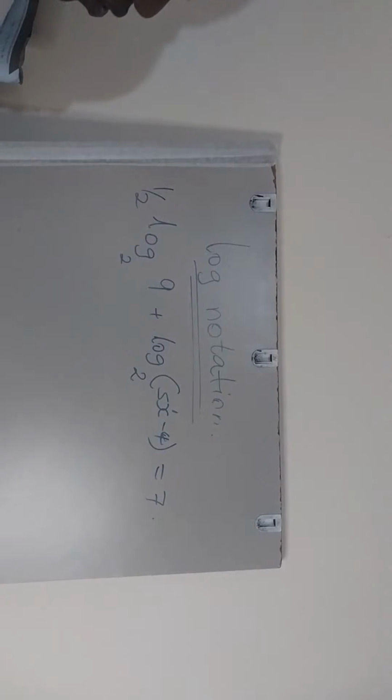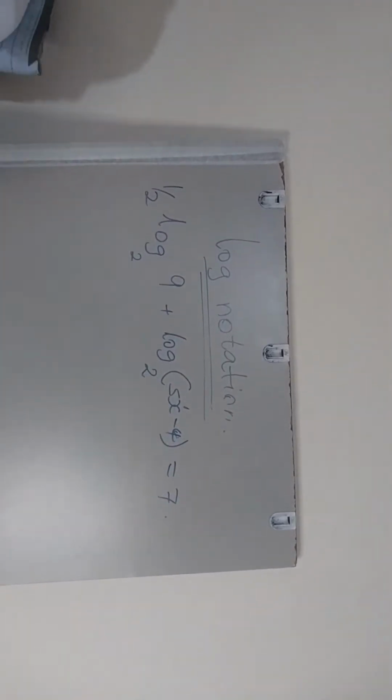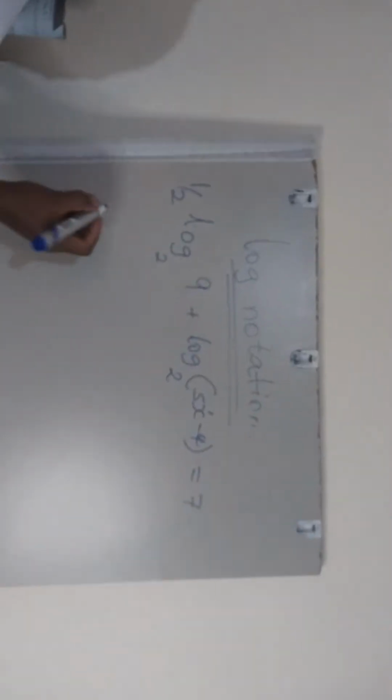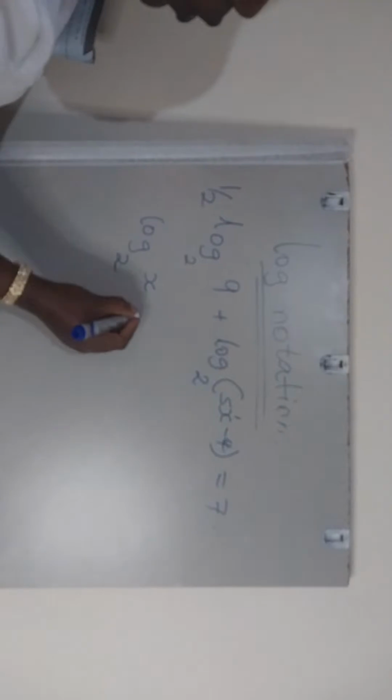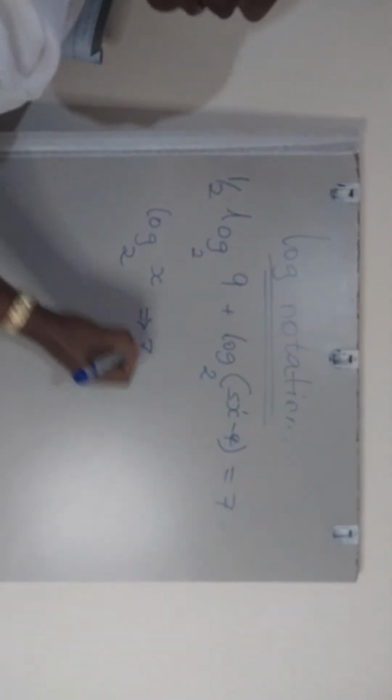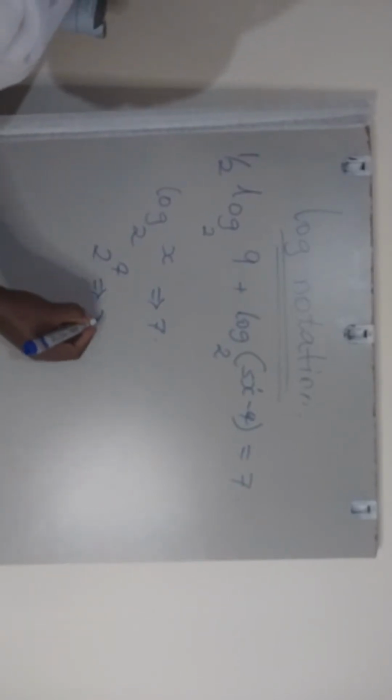7. This sum cannot continue if 7 is not expressed as per the log given. As we can see, it is log to base 2. So we can first change the 7 to be a log something to base 2. How? Log what we don't know to base 2 gives us the 7. Meaning 2 to power 7 will give us the x.